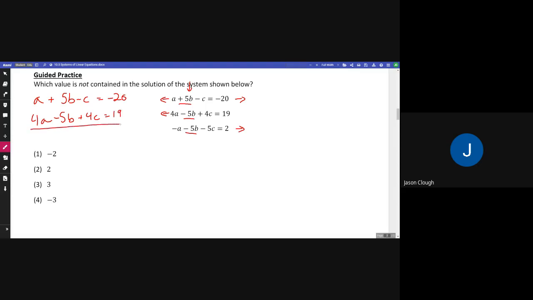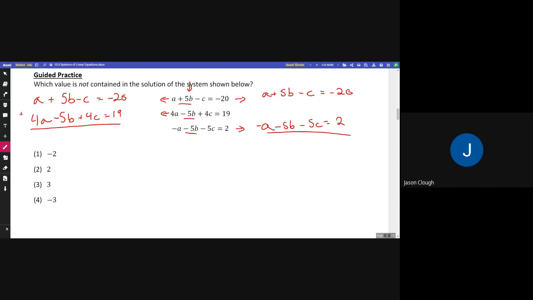And then I'm going to end up using the first and third equation. And the really nice thing about this is that I won't have to multiply either line by anything. All I have to do is add them and I will immediately get rid of the fives. Or sorry, the b's.